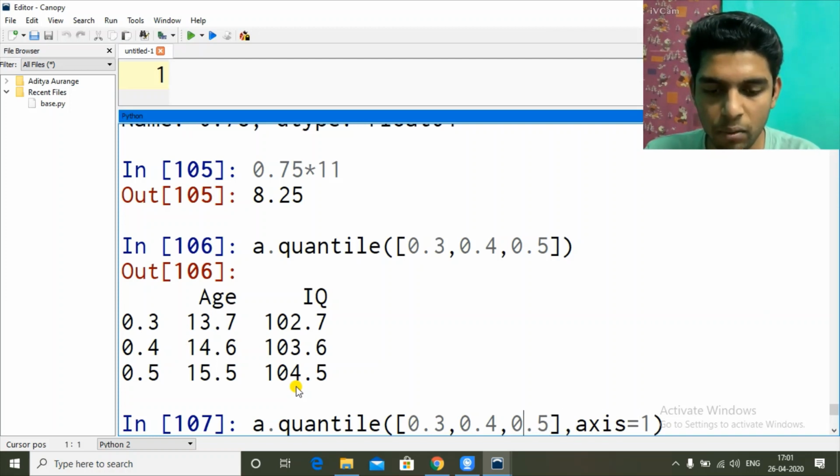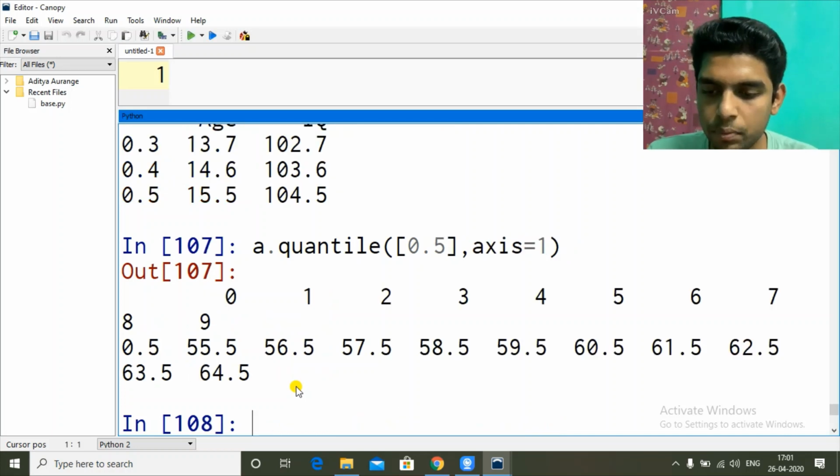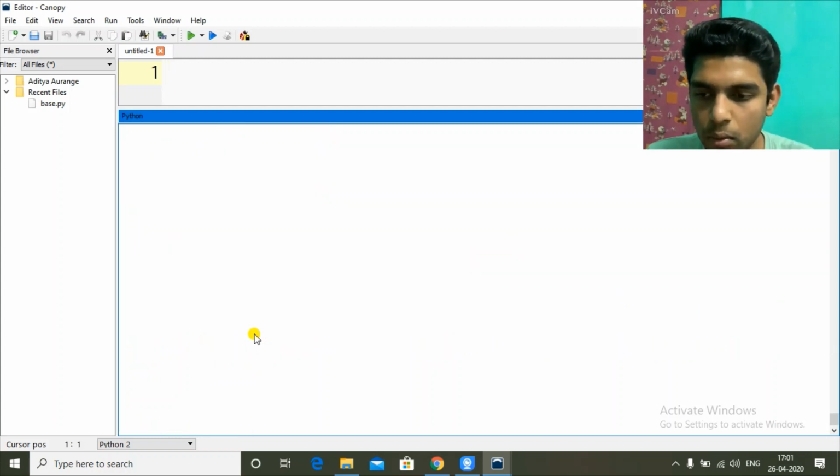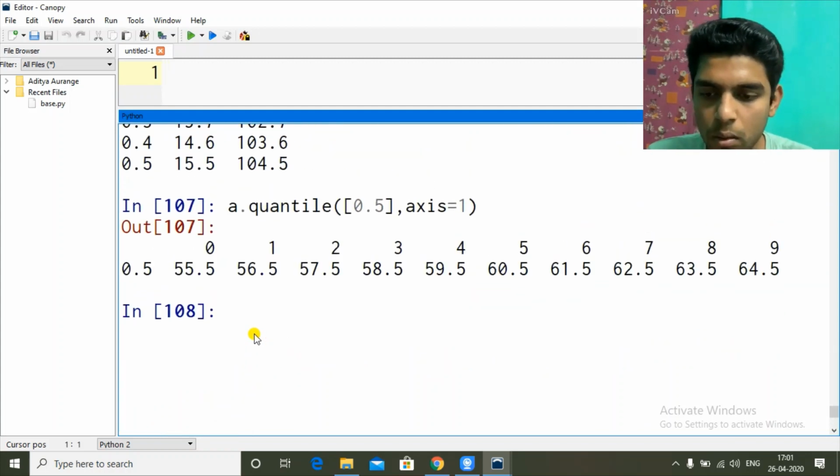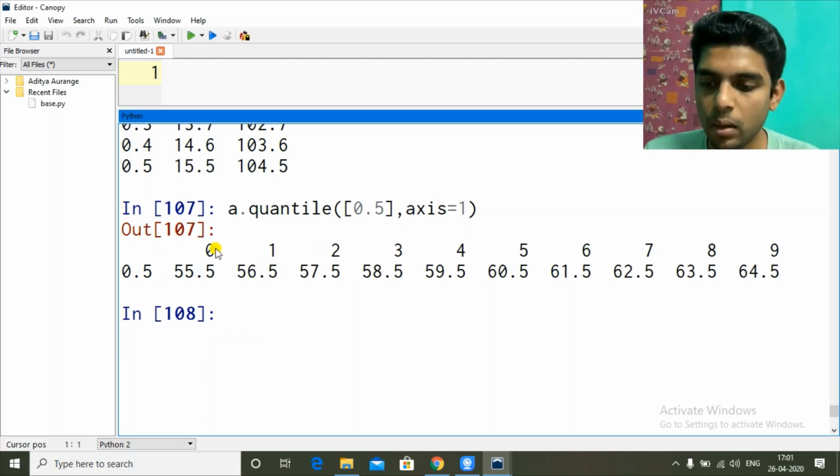So let's say I want just one quantile value. For each row, the 0th row, I got one value, okay. So I reduced the size. The quantile at 0.5 for the 0th row, or 0th index, is 55.5.